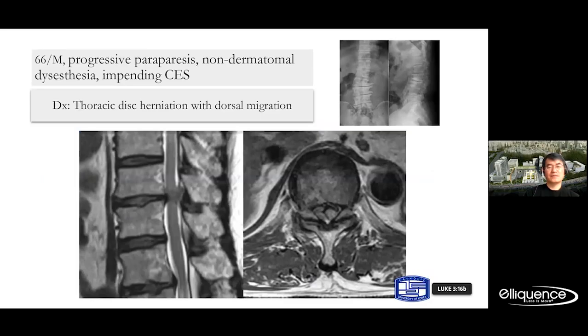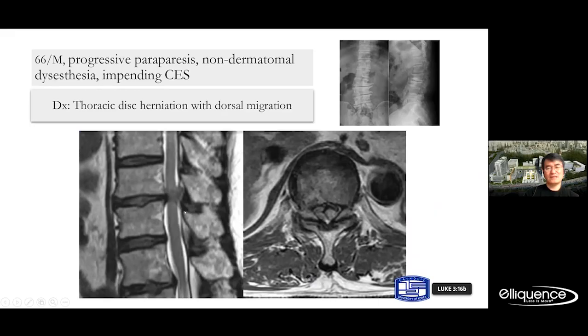So this is a very unusual case: a 66-year-old male having progressive paraparesis, non-dermatomal dysphagia, and severe burning, etc. Also, the patient had impending cauda equina. So just look at the MRI there.